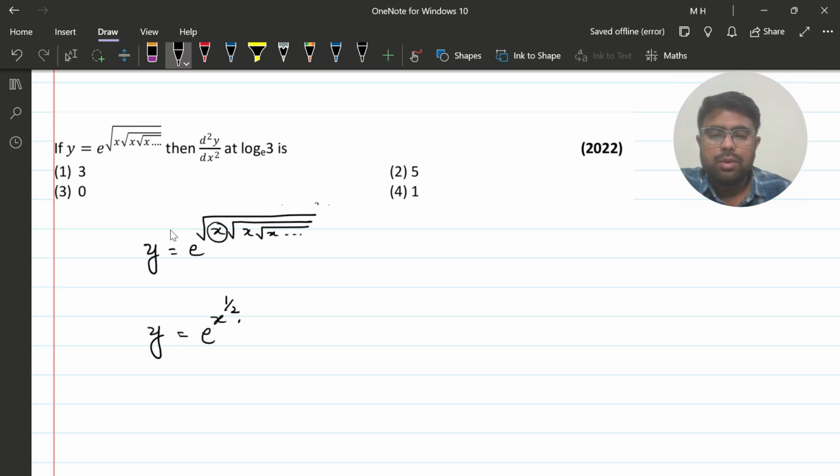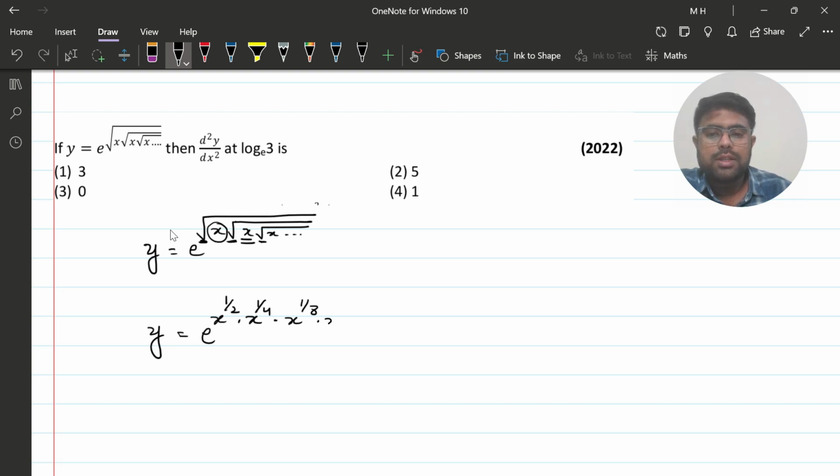Into, if I take this x, it is going to be x raised to 1 by 2 into 1 by 2, that is 1 by 4, because it is under two roots. Into the next one is 1 by 2 into 1 by 2 into 1 by 2, it is 1 by 8, x raised to 1 by 8.